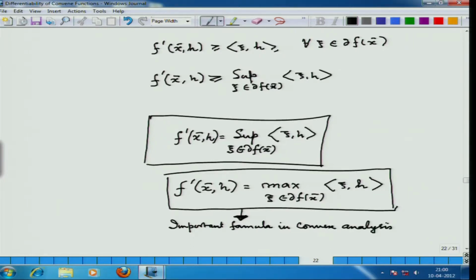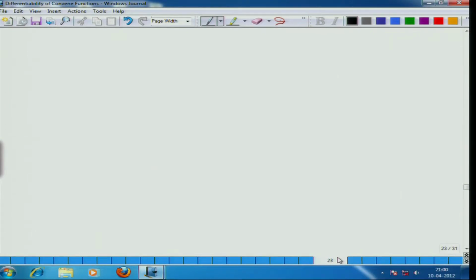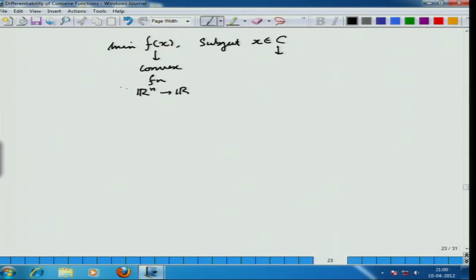So, now let us go back to our question, by which I will end today's talk. Minimize f of x, subject to x an element of C, f a convex function from Rn to R and C a closed convex set.